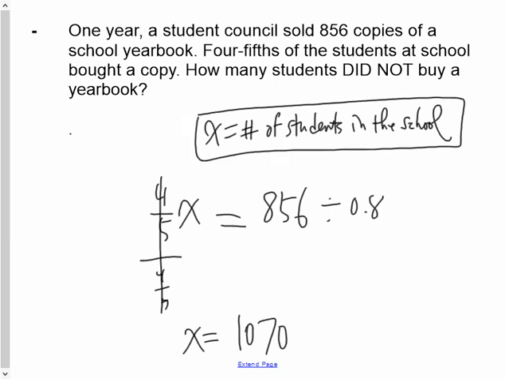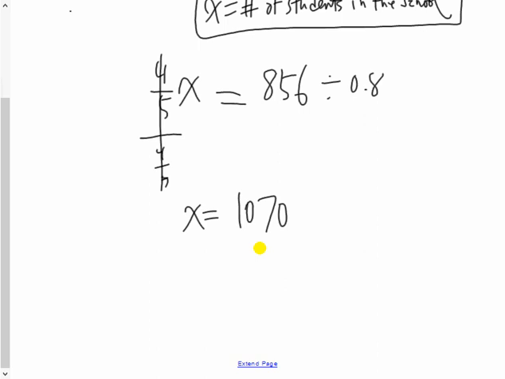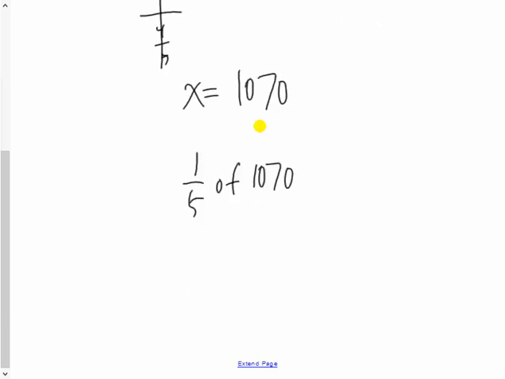But I'm not done yet, because the question is not how many students are in the school. The question is how many students did not buy a yearbook. And since 4/5 did, the assumption we're going to make is that 1/5 did not. So our last question will be, what is the fifth of the school that didn't buy a yearbook? A fifth of 1,070. A fifth is really 20% of this multiplication, 1,070.